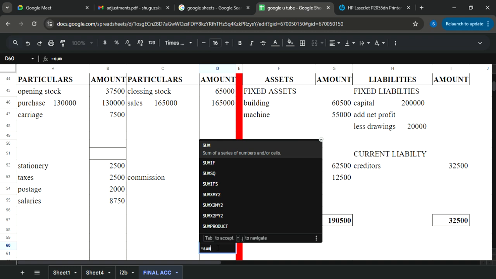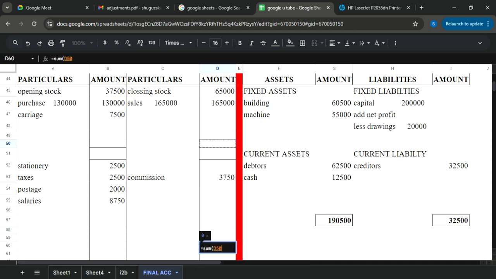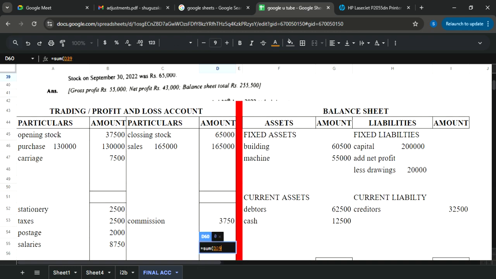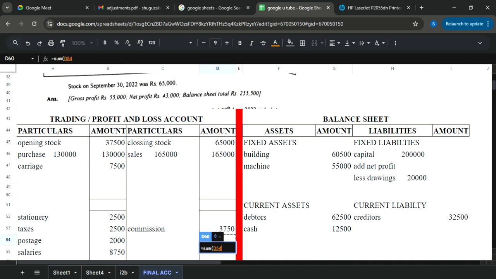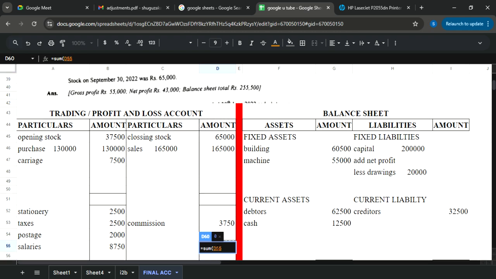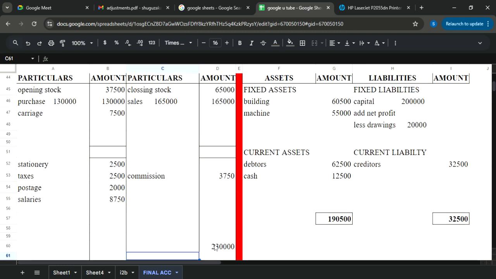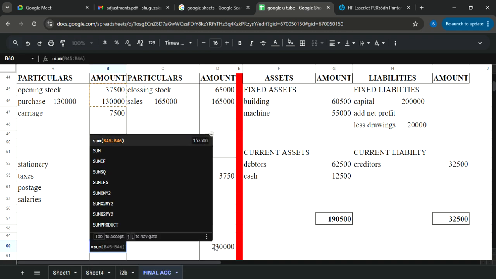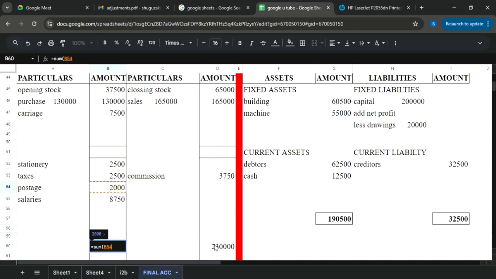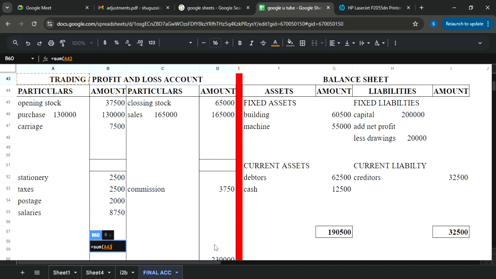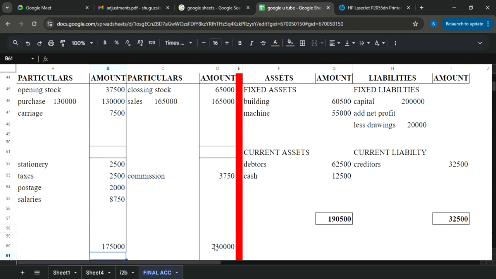We will take the sum of direct incomes. These are the two elements of direct income, the total of which is this. Next, we will take the sum of direct expenses, and we have these three direct expenses.